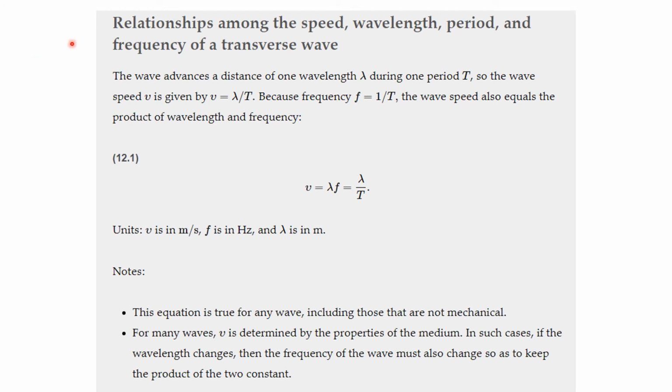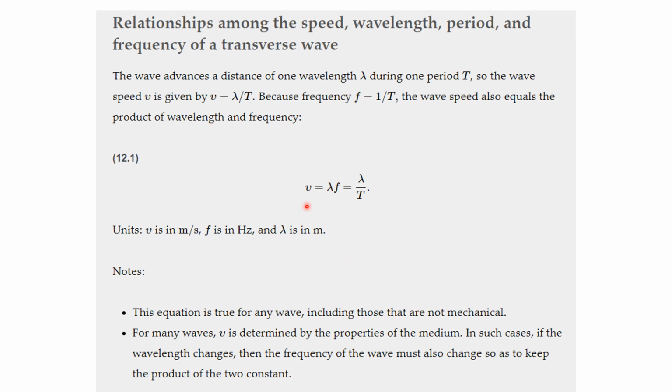Now here we highlight again the relationship among the speed, wavelength, period, and frequency of a transverse wave. The wave advances a distance of one wavelength during a period of one period. So the wave speed, v, is given by v equals lambda over T. But because frequency is equal to 1 over T, the wave speed also equals the product of frequency and wavelength.